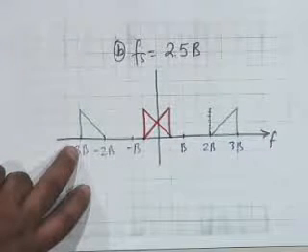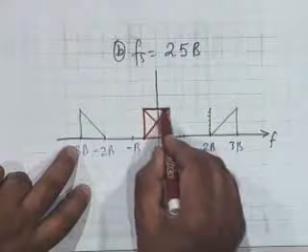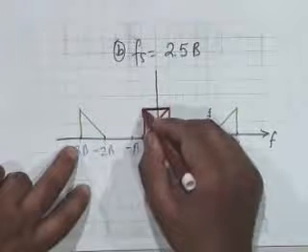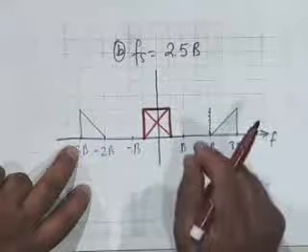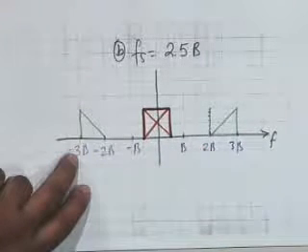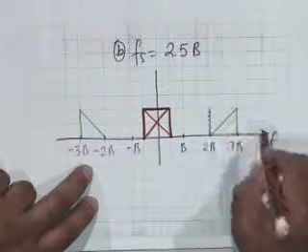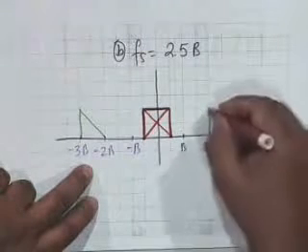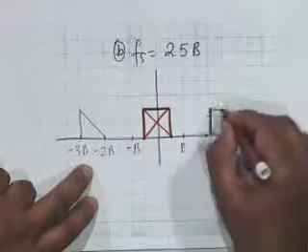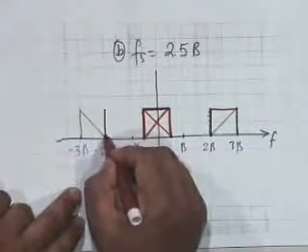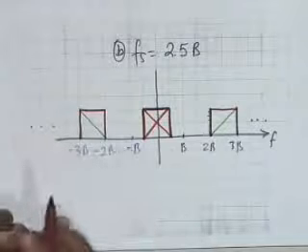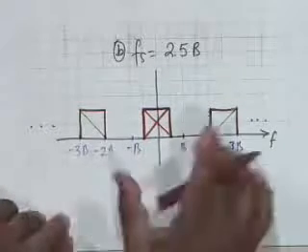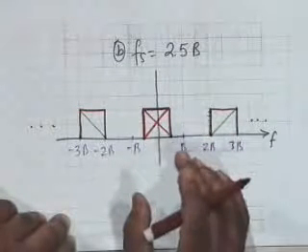And if you add the two, obviously it would be a flat spectrum like this. So the addition would be like this, a rectangular pulse like structure. In a similar manner, from 2B to 3B, another pulse will be added like this. And this will continue. You see, it's a spectrum shaper rather than anything else.